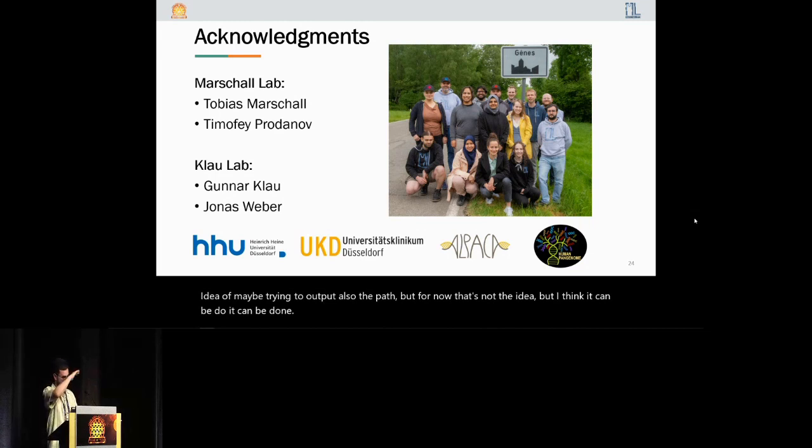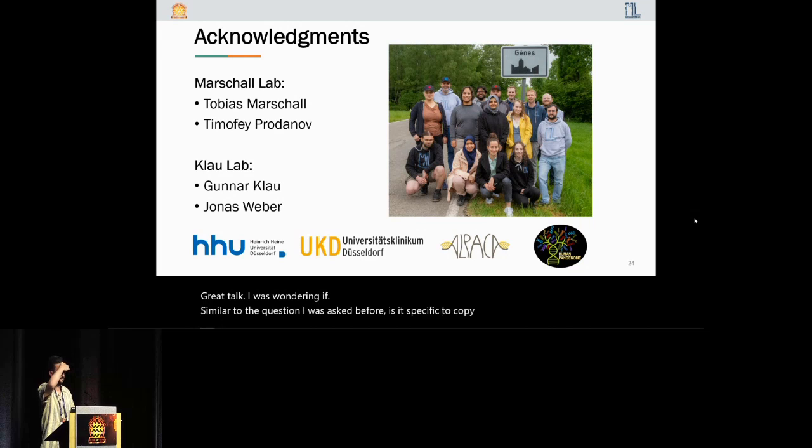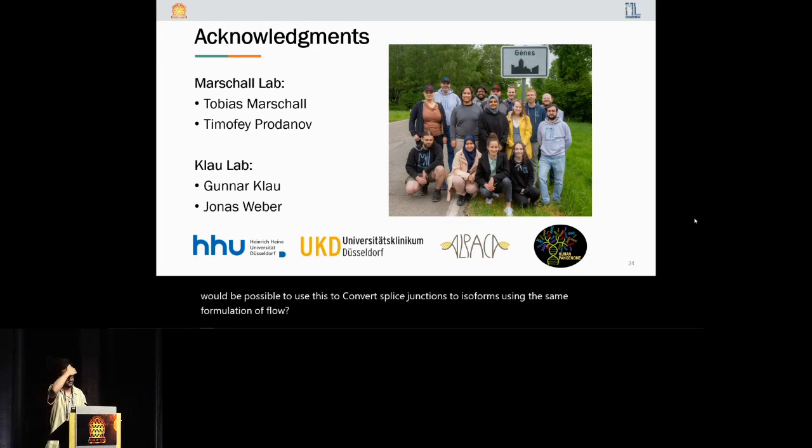Thanks. Great talk. I was wondering, similar to the question asked before, if it's specific to copy number, or do you think it would be possible to use this to convert splice junctions to isoforms using the same formulation of flow in RNA-seq?